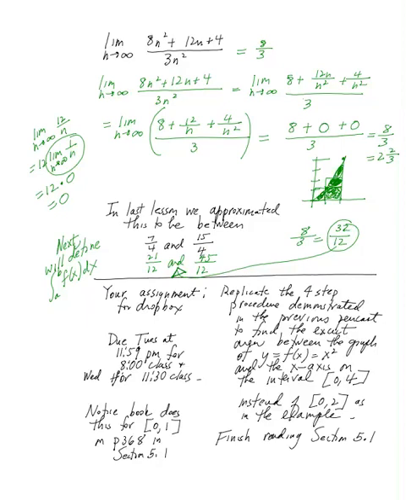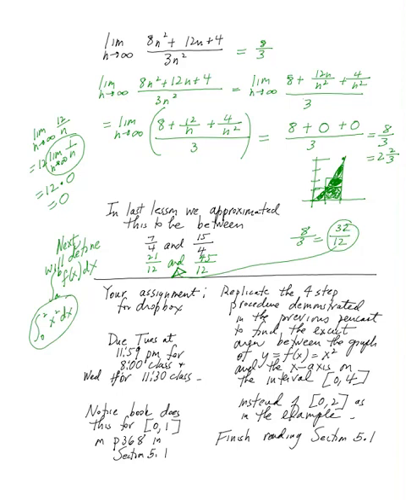In fact, what you just did, this four-step process for finding exact area under the curve, you evaluated the definite integral from 0 to 2 of x squared dx. But we've got to define what we mean by this in the next lesson.